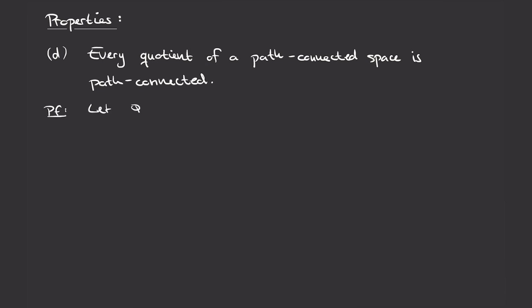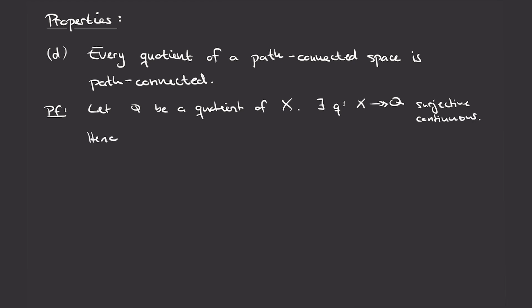Okay, so let Q be a quotient of some space X. So we have this quotient map Q going from X to the quotient, and this is surjective and continuous. So by surjectivity, we have that Q is equal to the image of X under this quotient map.